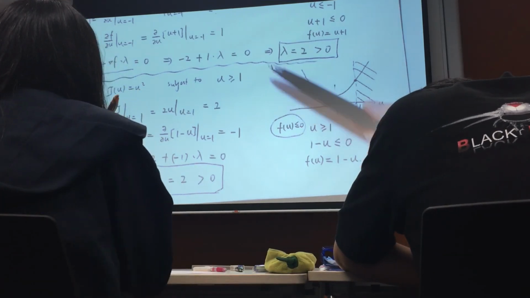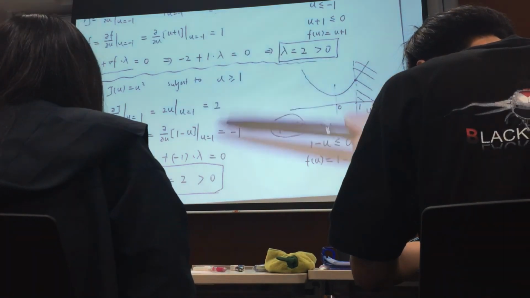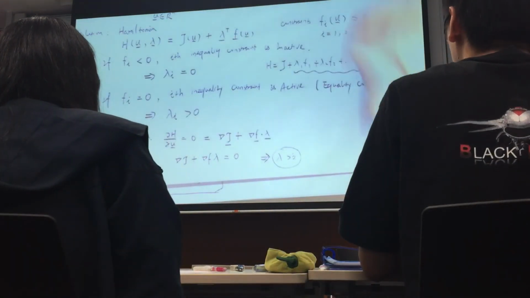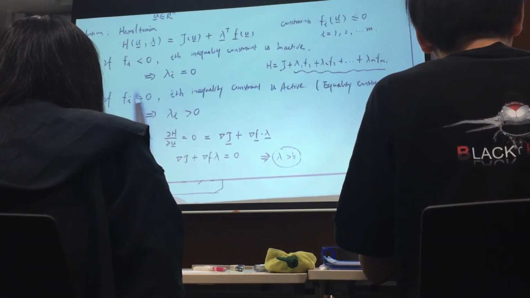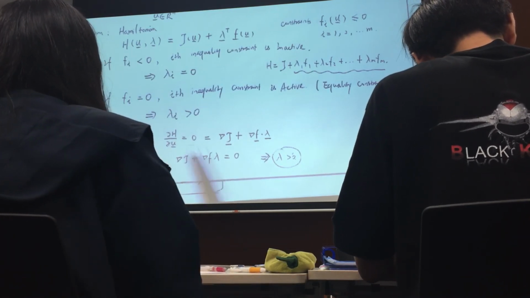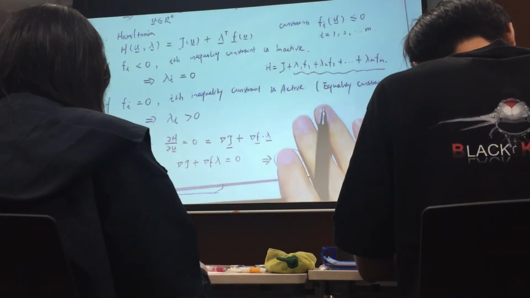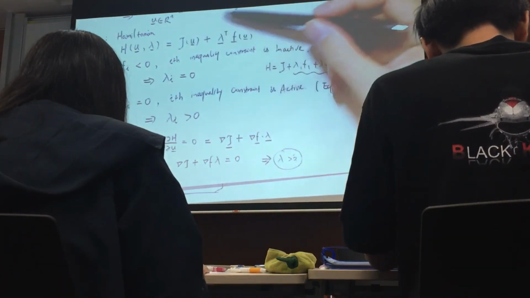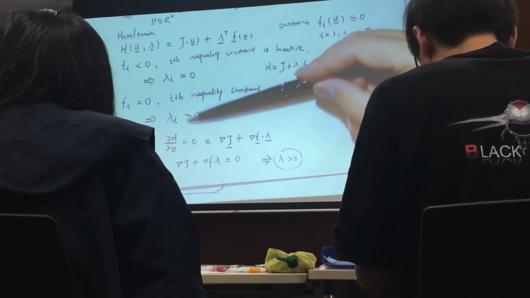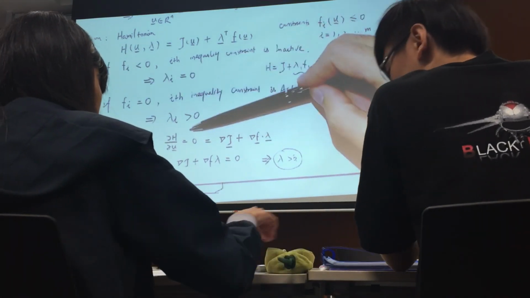Now we use this simple one-dimensional example to illustrate the idea that if your constraint is active, then the lambda must be greater than 0. So far, you just need to memorize the conclusion here. Later we will use an example to show how to use it.